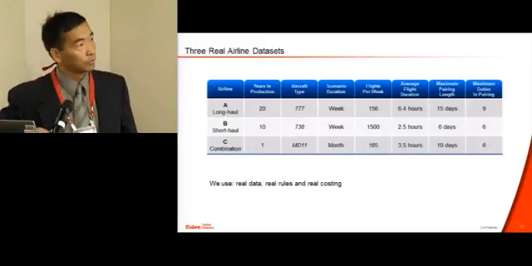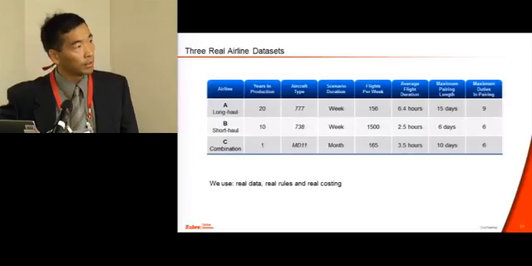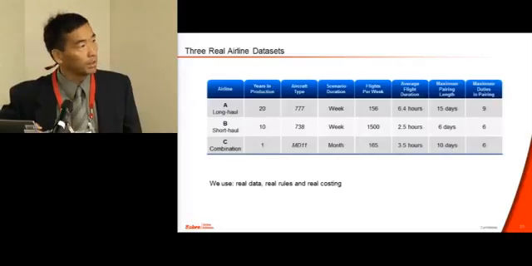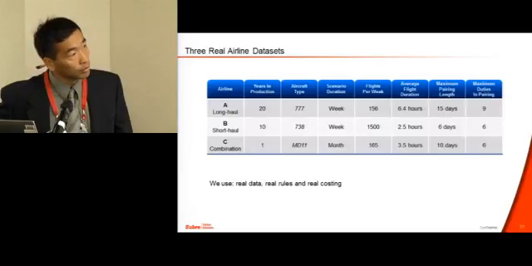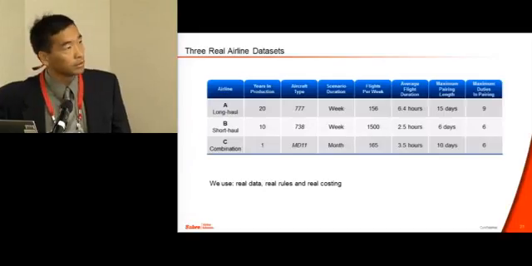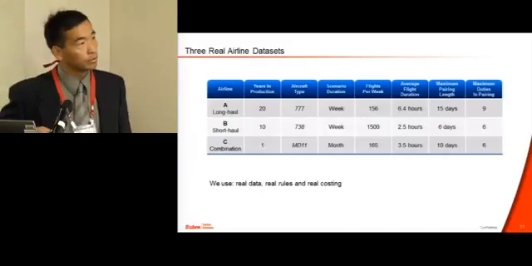For the first two clients, we use weekly data. The average number of flights per week is 156 for Airline A and 1,500 for Airline B. And for Airline C, we use the monthly scenario where the average flights per week is around 165. It's not a huge scenario, nonetheless.